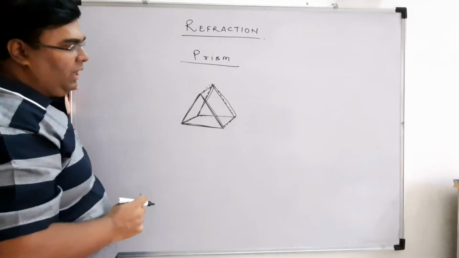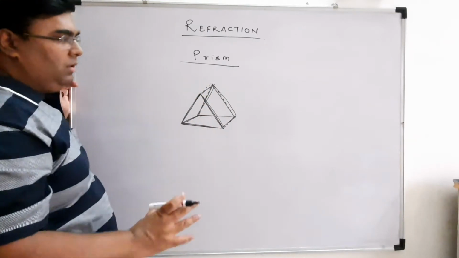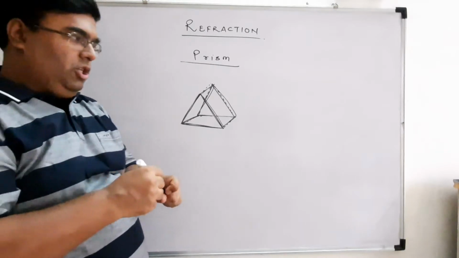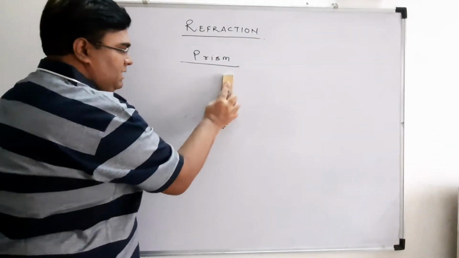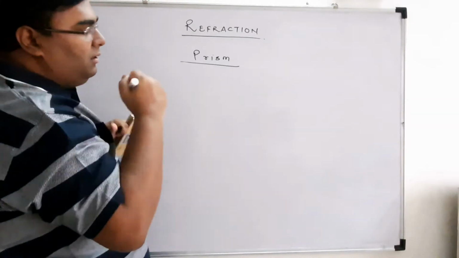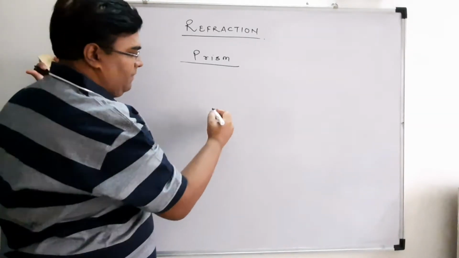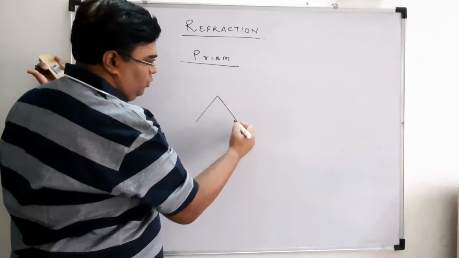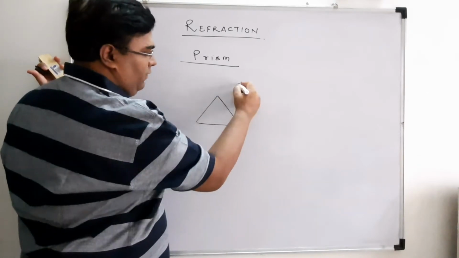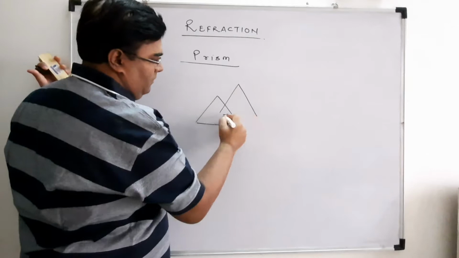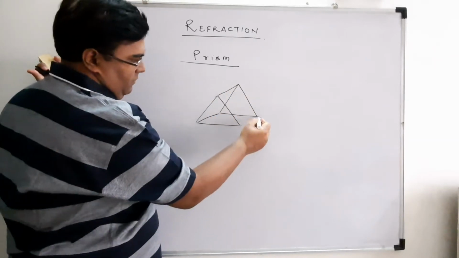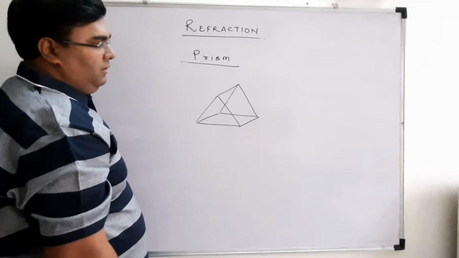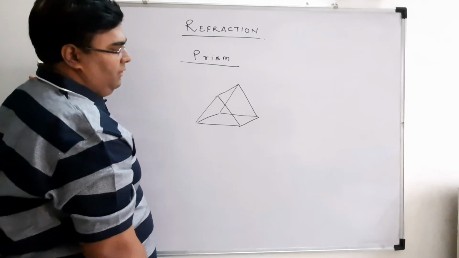So a prism is basically a three-dimensional shape which has two triangular faces and three rectangular faces. So we have two rectangular faces, and if you just join this, you will get three rectangular faces.